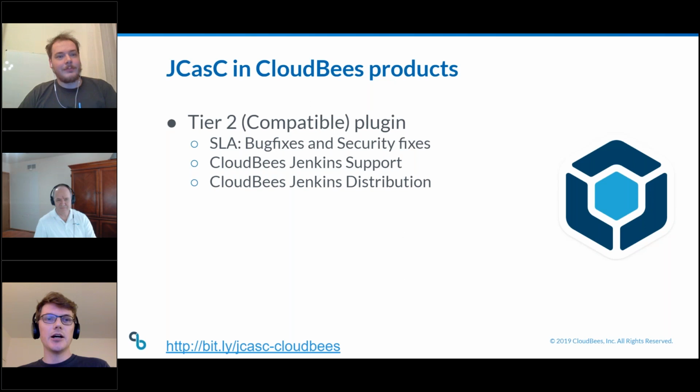About JCasC, about configuration as code, the plugin itself is a tier 2, so what we call a compatible plugin. So it means that we have a certain SLA on bug fixes and security issues. It's part of CloudBees Jenkins support and CloudBees Jenkins distribution as we speak.